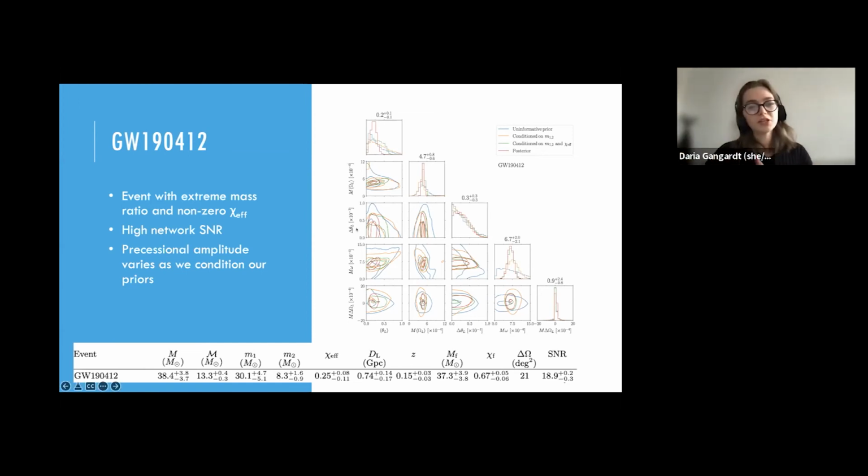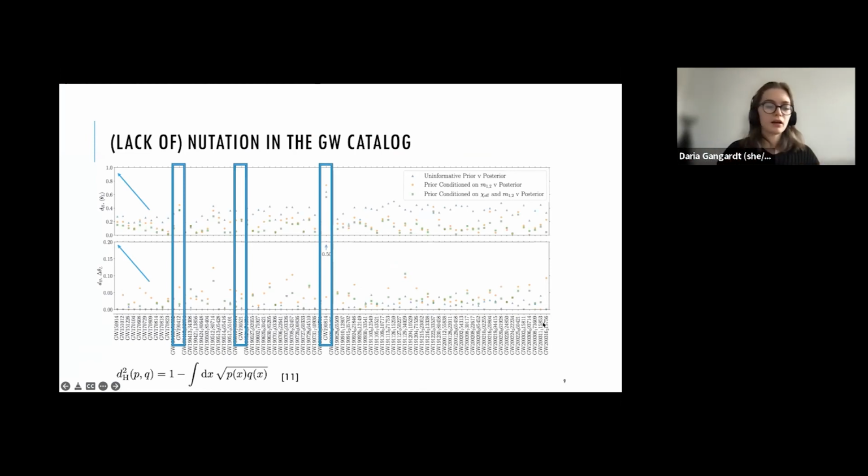However, for the precessional amplitude, bracket theta L, the posterior is very different from the priors, meaning that we can say that this event is precessing, especially because our posterior is constrained away from a value of 0, which is nice. As I said, I repeat this analysis for all of the events across the gravitational wave catalogs.